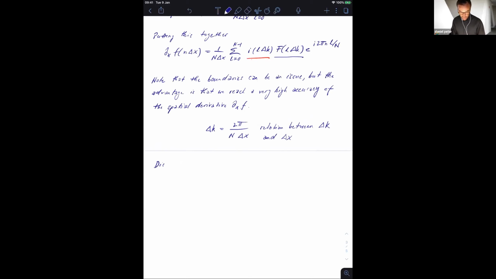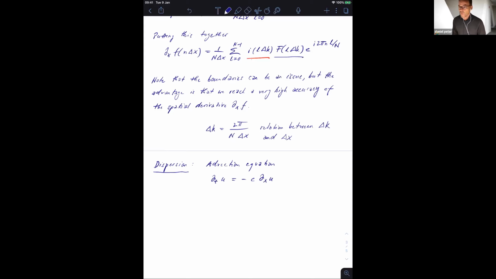Let me quickly give you the main points here. The example that we have is the advection equation, which we can write as the time derivative of u equal to minus c times the spatial derivative.